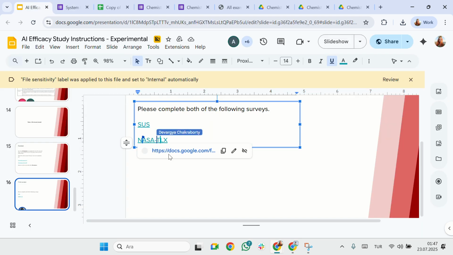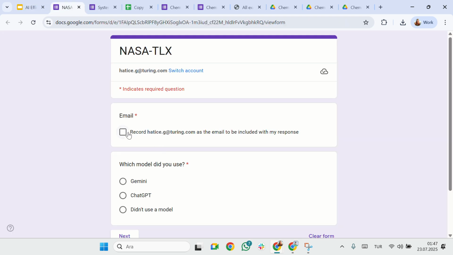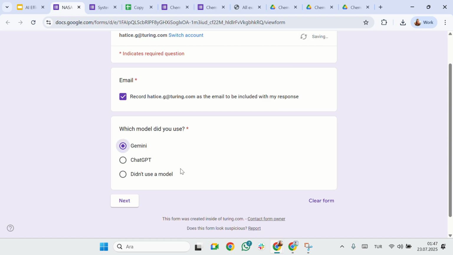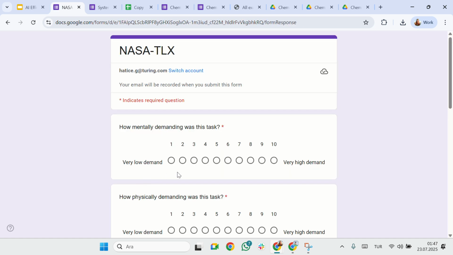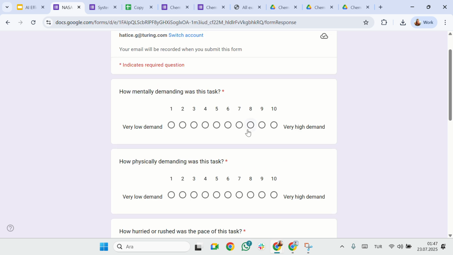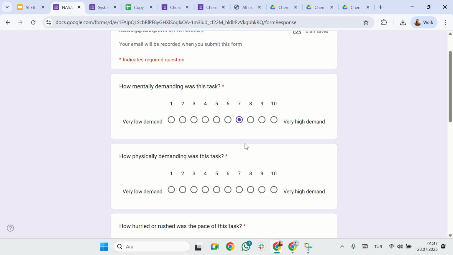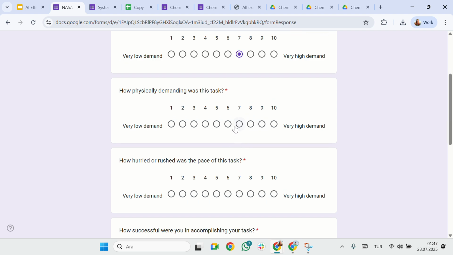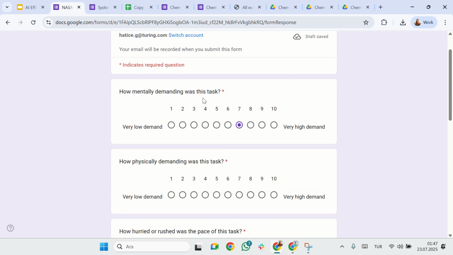Let's complete the other one. Gemini. Next. How mentally demanding was this task? I think above the average. How physically demanding?